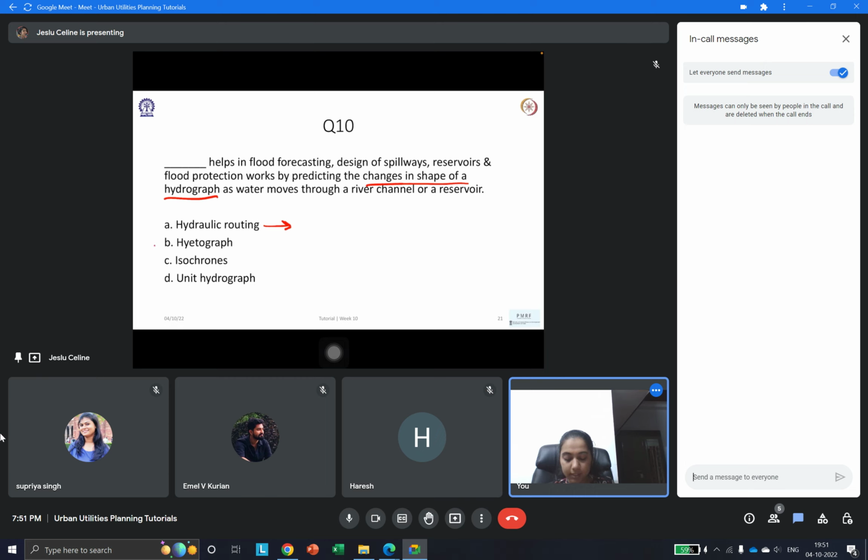What are the other things? What is a hydrograph? We discussed this in our last tutorial. If we have a hydrograph, what will be on the x-axis and what will be on the y-axis? Let's recollect. It was used to measure runoff.